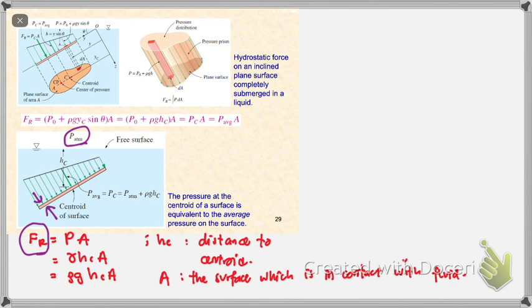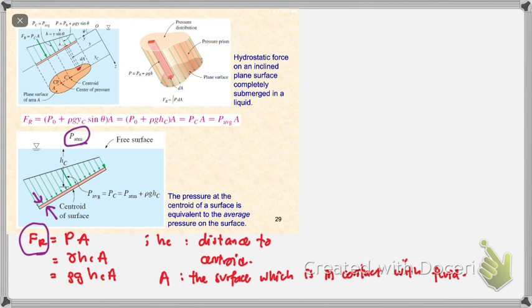That's why in most situations, whether it is a vertical plate, a horizontal plate or an inclined plate, we neglect the P atmospheric when we want to find the total hydrostatic force acting on that surface.